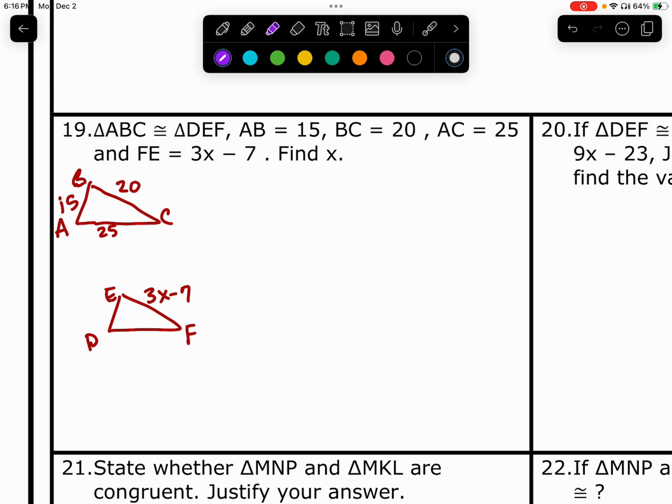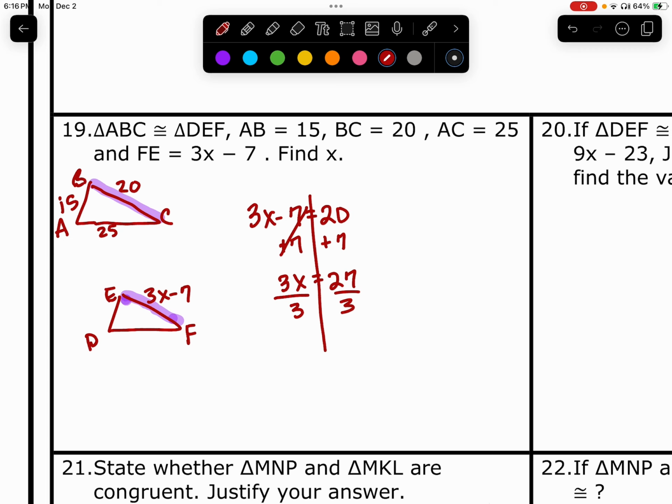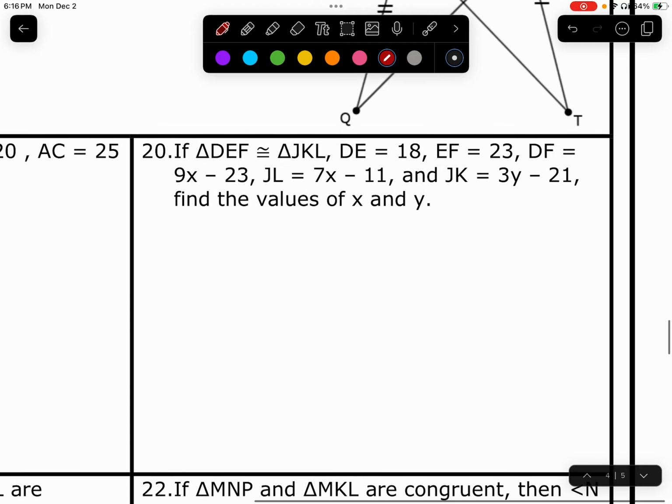So the only information that we can use is this, because the other triangle only has one side that's labeled, so that'll be our equation. Since they are congruent, make sure you put an equal sign between them, and then just solve for x. So we're going to start by adding 7 to both sides, like that. Then we're going to divide by 3 on both sides, and we get 9. All right, go ahead and try number 20.